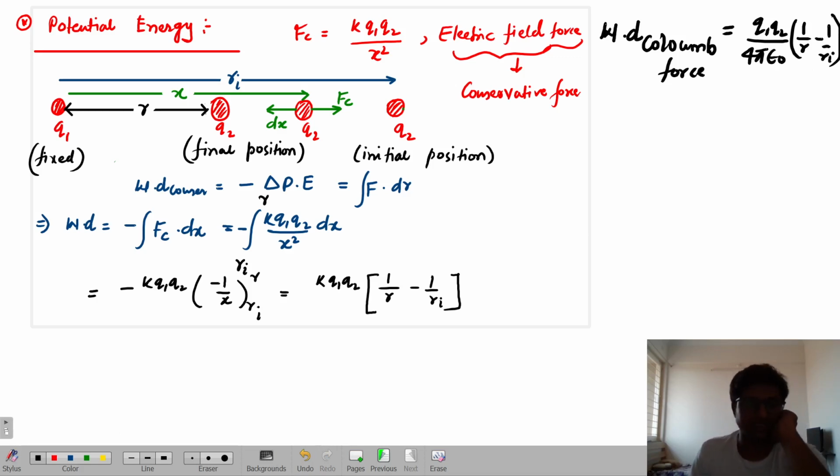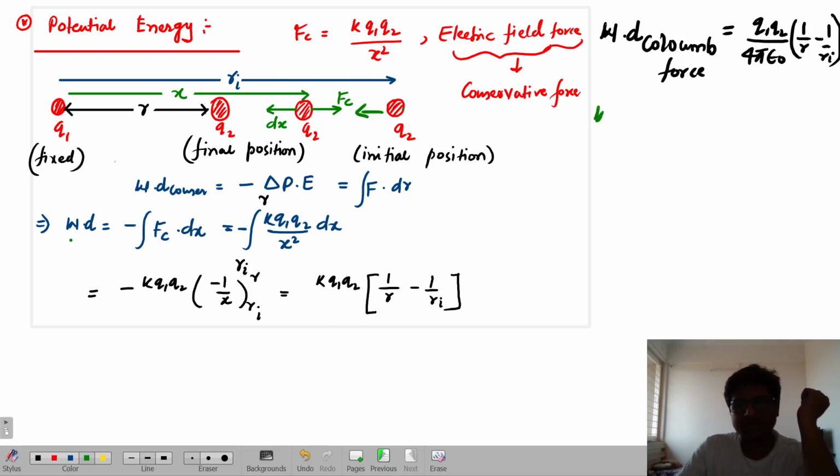अच्छा, अब ध्यान से देखो बेटा, the person who is trying to move this charge towards the left hand side should apply exactly the same amount of force to move it towards left side or not. When this is the work done by the Coulomb force, the work is actually done opposite of the Coulomb force.